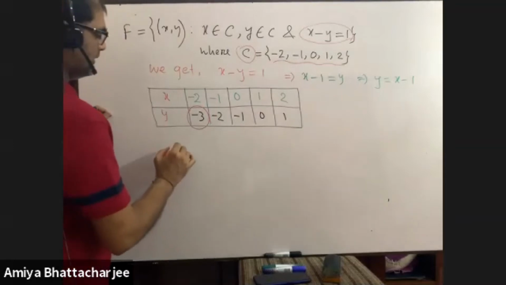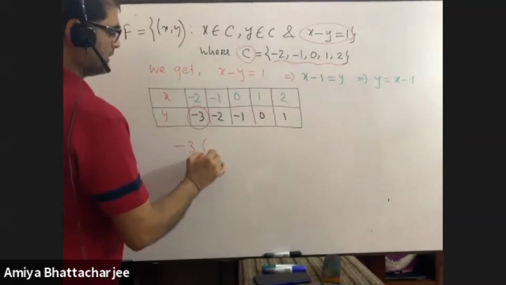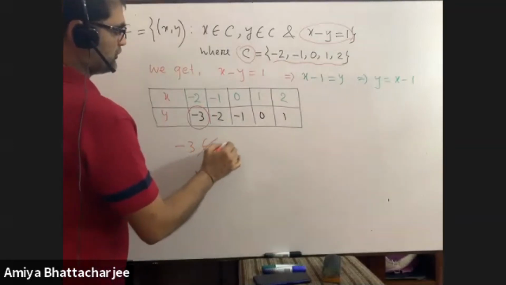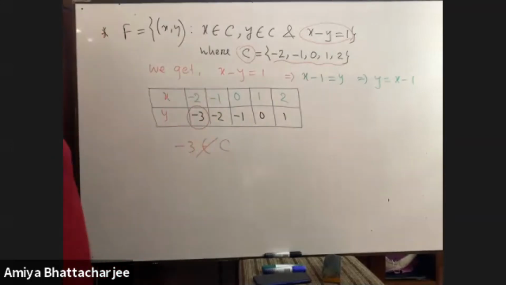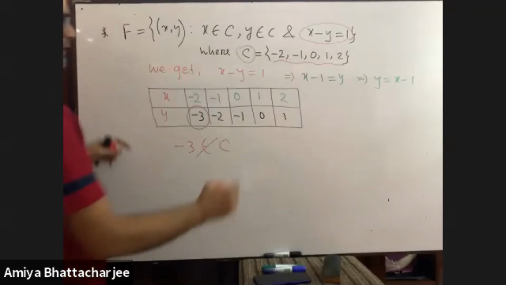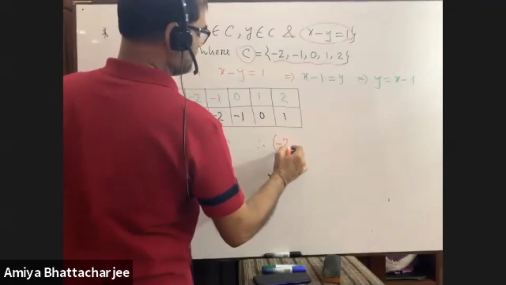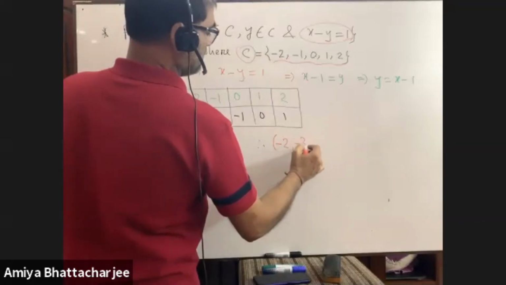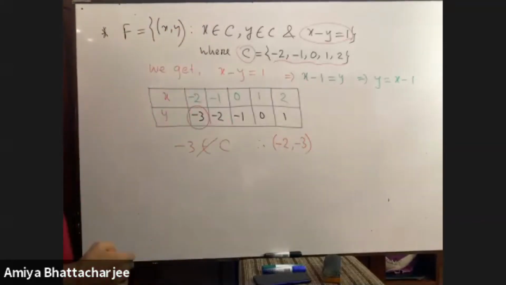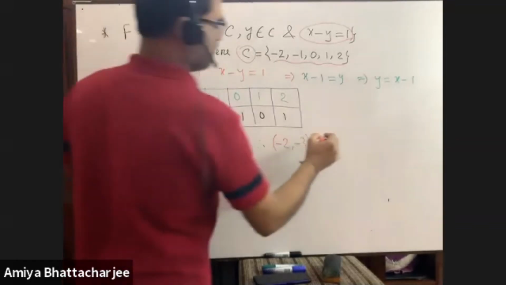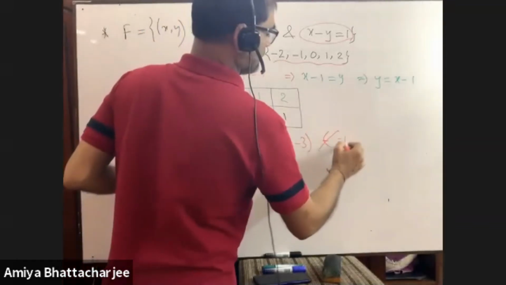We must write -3 does not belong to C, right? So we can write the pair with -3. What is the pair with -3? It is (-2, -3). This is the ordered pair. It must not belong to F.